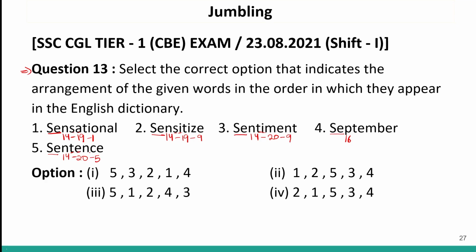So the correct order for us will be, the first word will be sensational. After this, the next word will be sensitize. After this, the next word will be sentence.